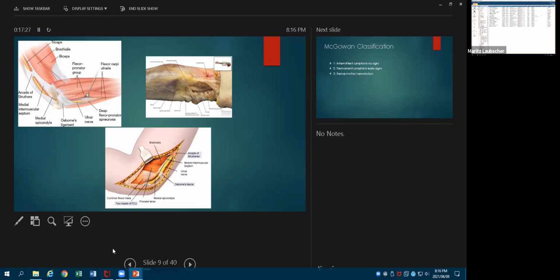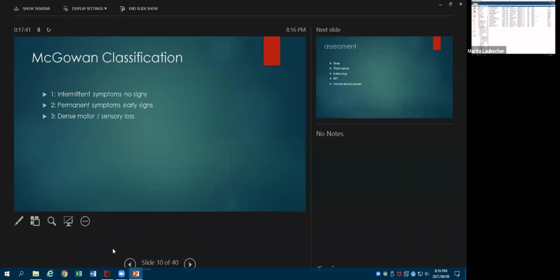That can be an area of compression. So remember now, we've talked about the arcade of Struthers, where it goes through the septum from anterior to posterior. Now we're talking about cubital tunnel, which we'll talk about the management thereof in a second. And then there's still Guyon's canal down the stream.